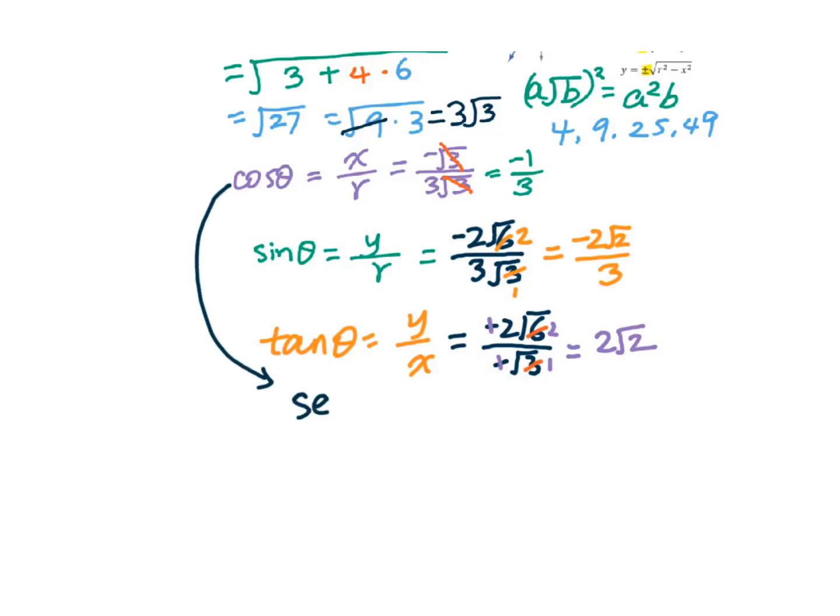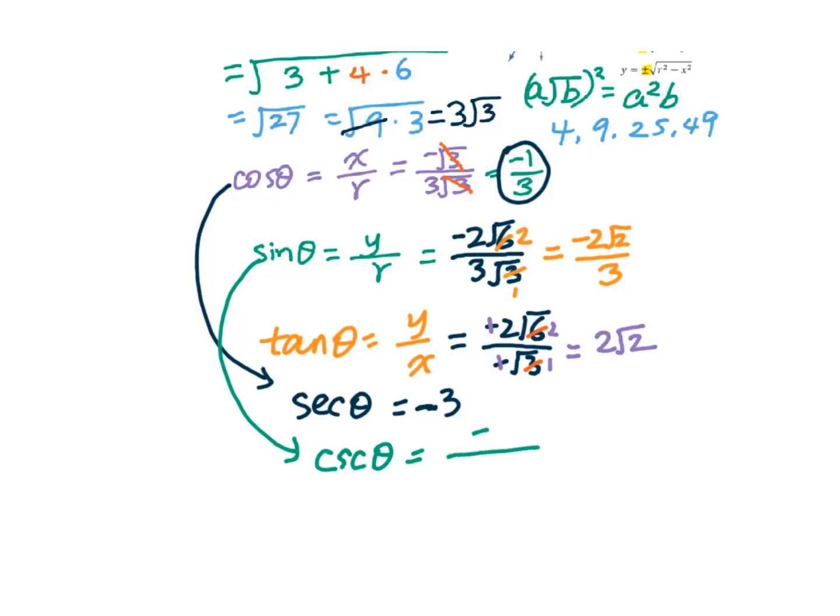For secant theta, you will get negative 3, because you need to flip this value for cosine theta. For cosecant theta, I need to flip sine theta.